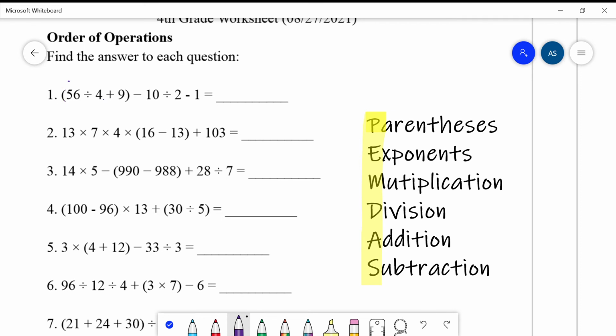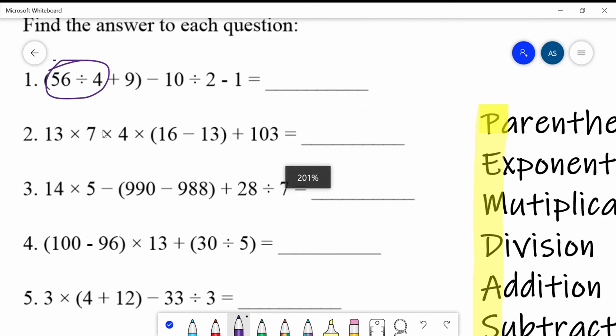So if we divide 56 by 4, we are going to get 14. Okay, this is 14. And then we have plus 9 in the parentheses. Because there's still a parenthesis, we're going to finish that first. So 14 plus 9 is going to be 23.